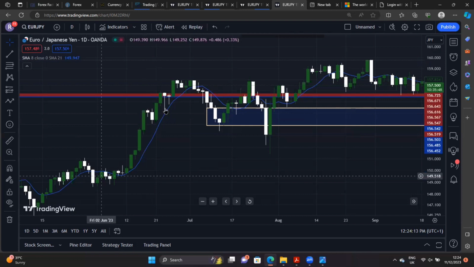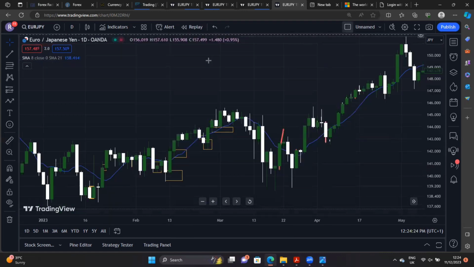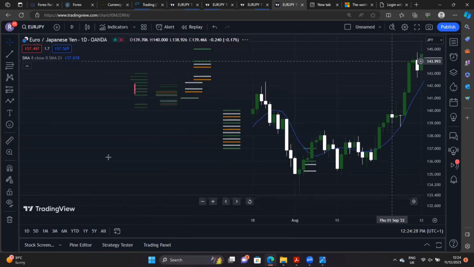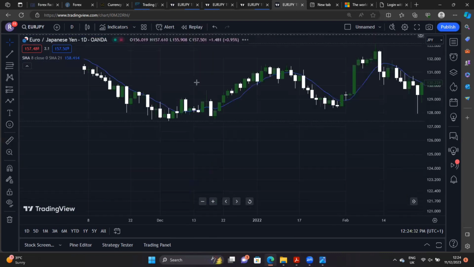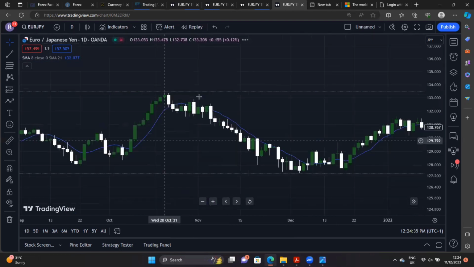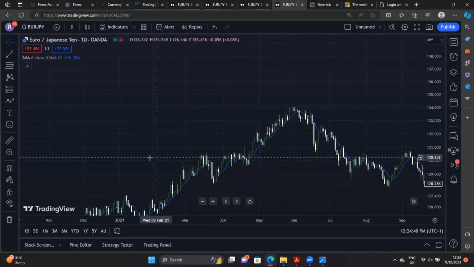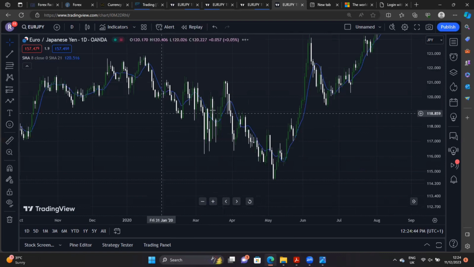So if it's an uptrend, just like in this case, you want to position right at the close of this retracement, and up price goes. If it's on a downtrend, let's see if we can find a downtrend close by. We've been having a massive uptrend all the way from there, but let's just use this for instance.